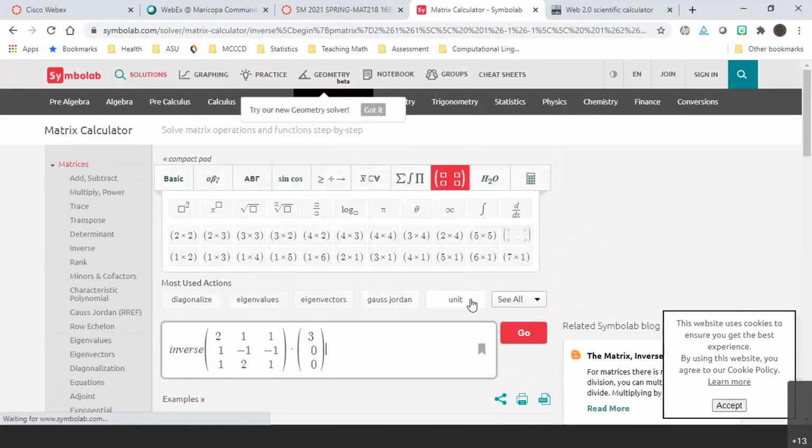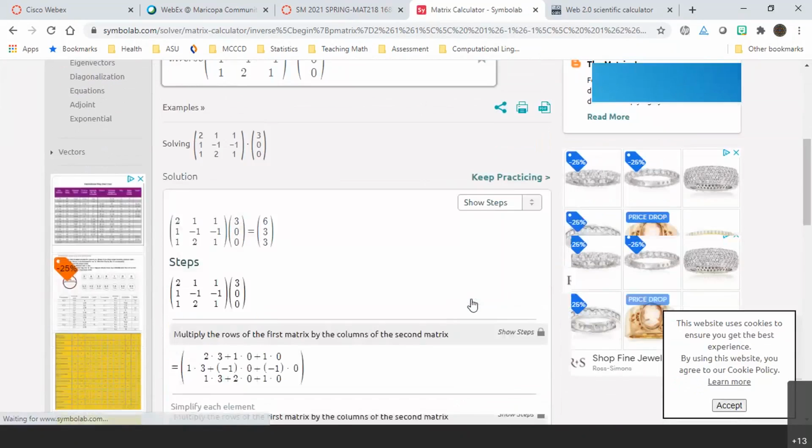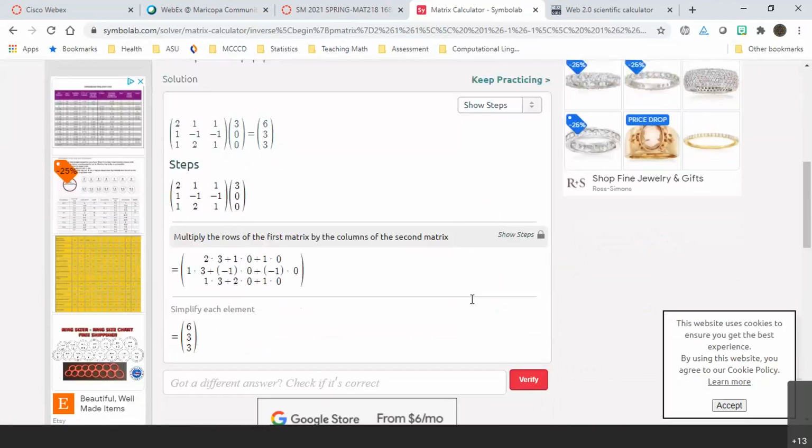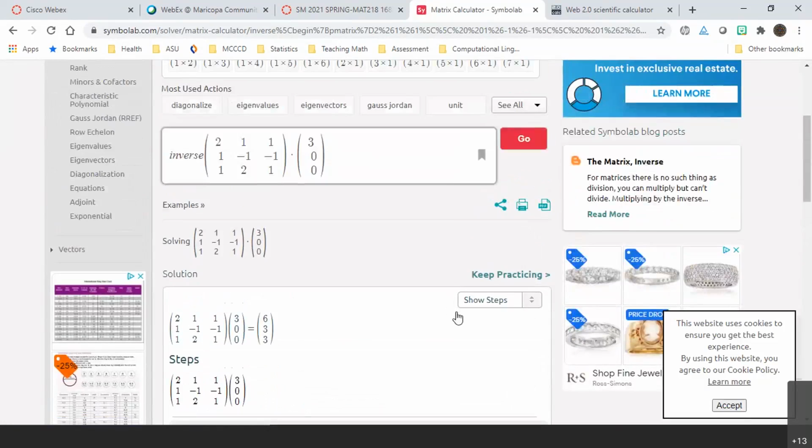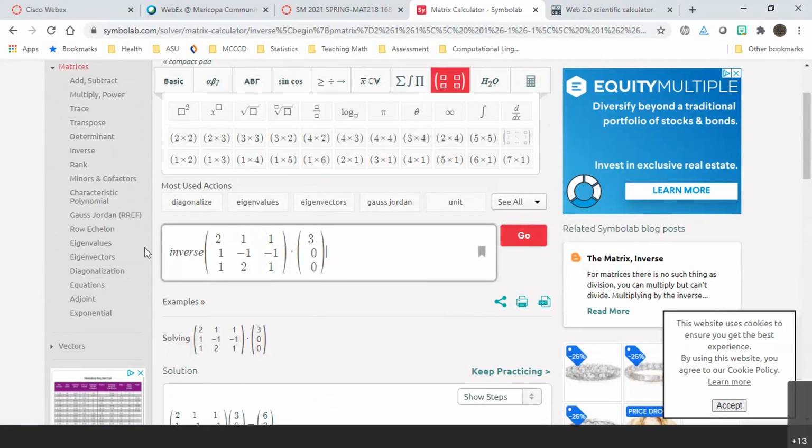You may have an order of operations problem. Again, I should be getting 1, negative 2, 3. I think I'm doing something wrong here in Symbolab, but I'm not sure what it is. I'll get back to you on that one.